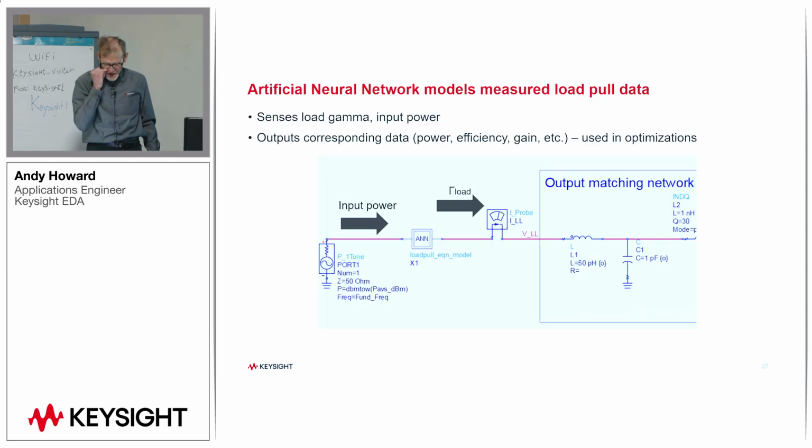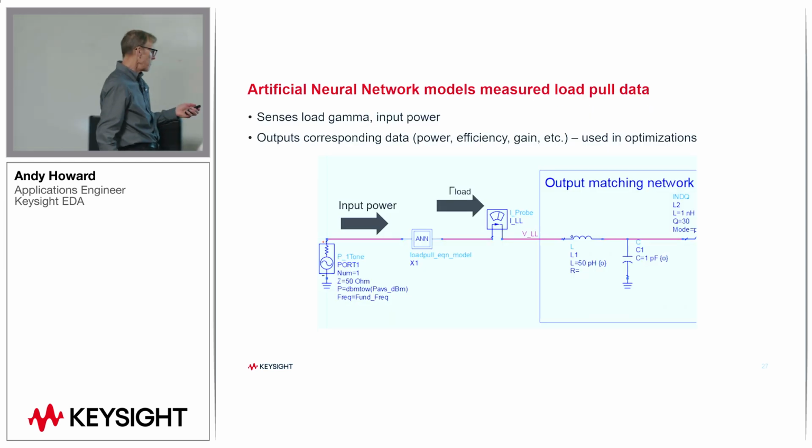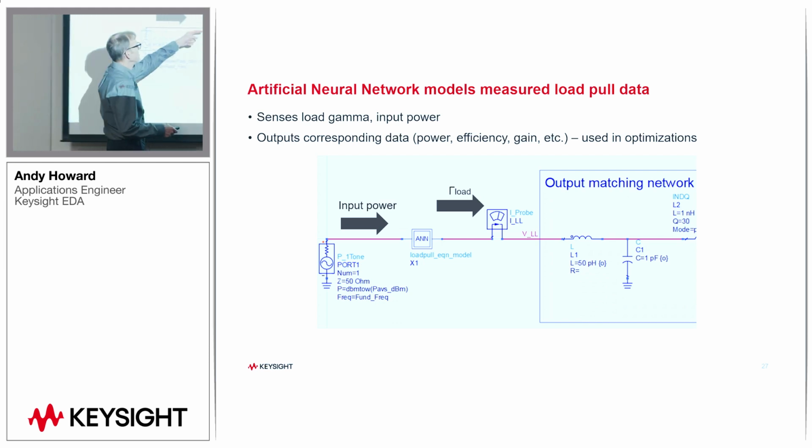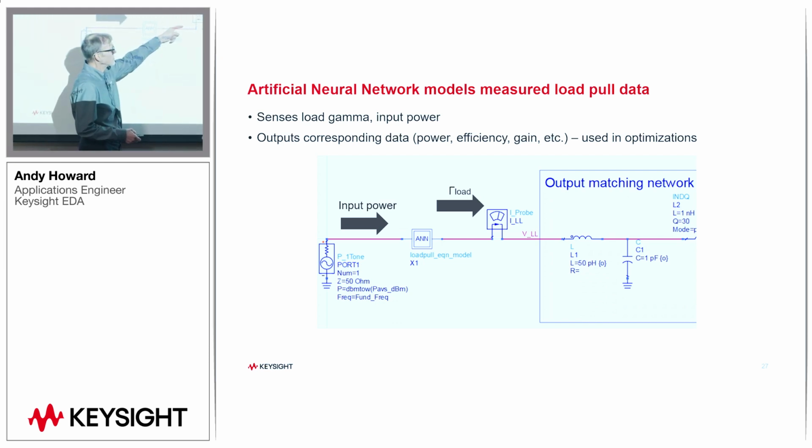Just to repeat, this particular ANN model is not like a transistor model. It's more like a lookup table. It senses the load reflection coefficient. This is your candidate impedance matching network that you're trying to optimize.